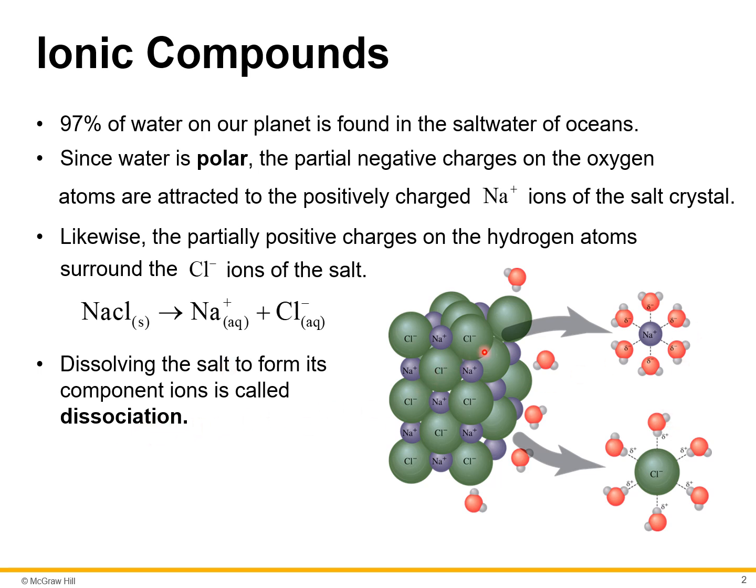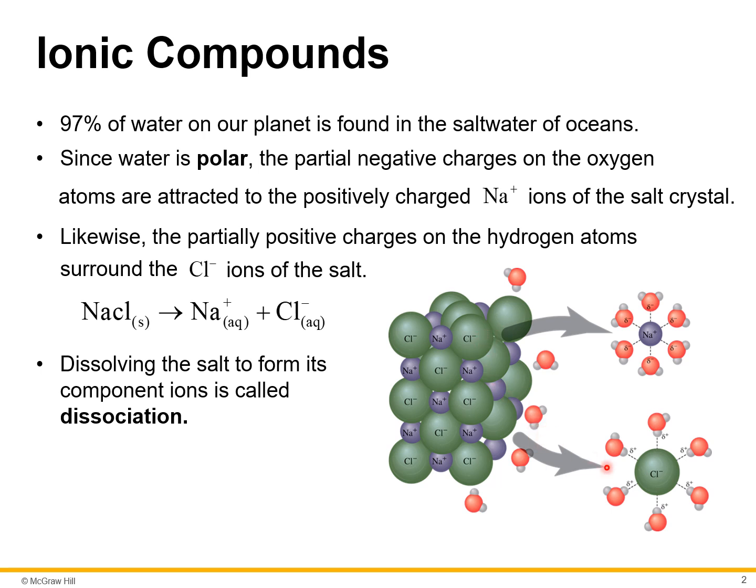And why is that? It's because we know water is a polar molecule. It has the oxygen, which is partially negative, and the hydrogen, which is partially positive. The partially negative oxygen will go towards the Na, and the partially positive part, which is the hydrogen, will go towards the chloride.